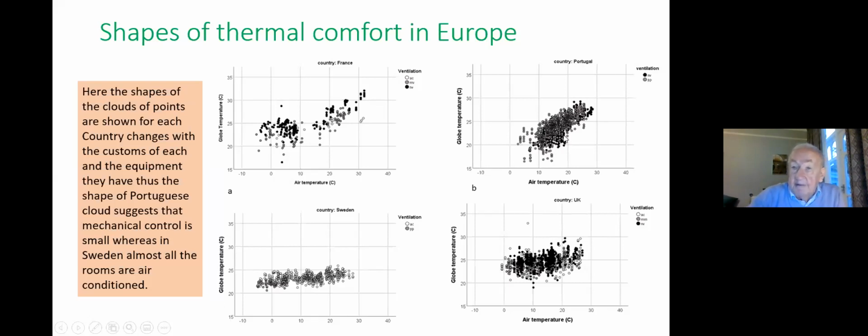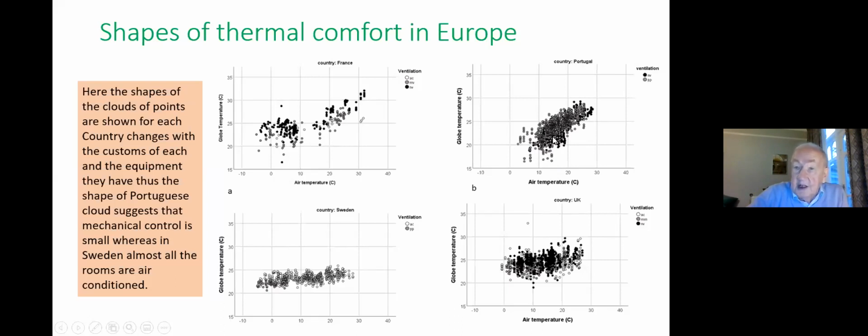Portugal is a bit different. Here, the whole range of temperatures, even below 15, is changing with the outdoor temperature. Indoor temperatures are changing generally, but very much less precisely than the French ones.